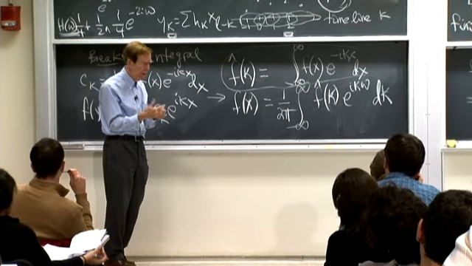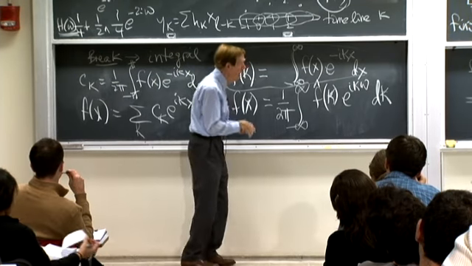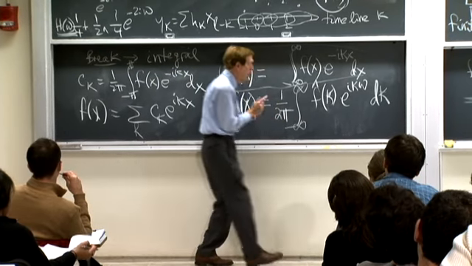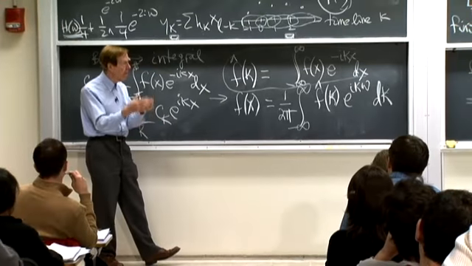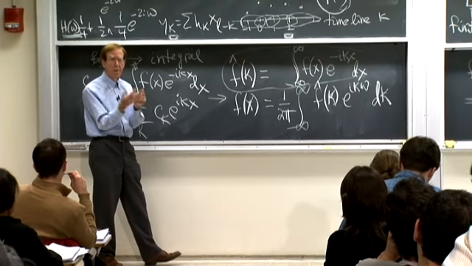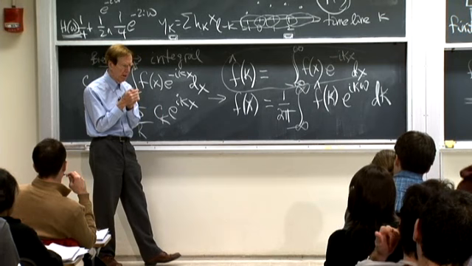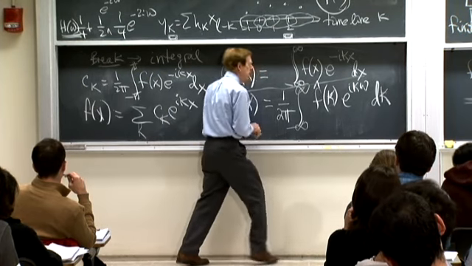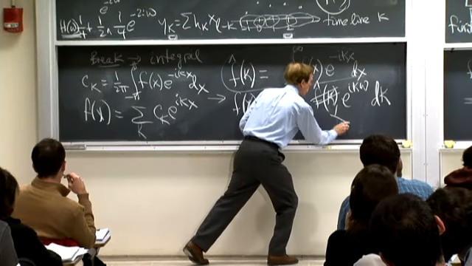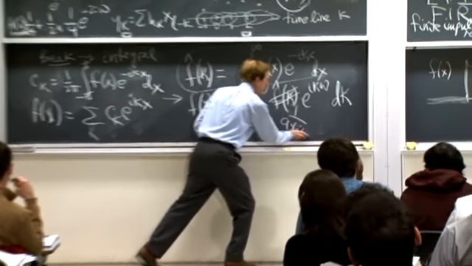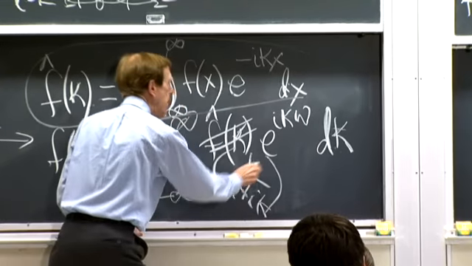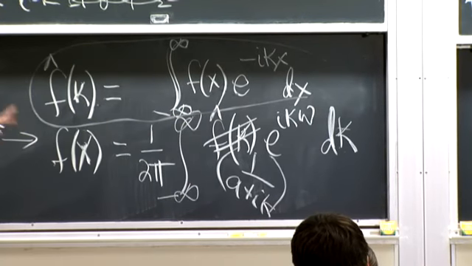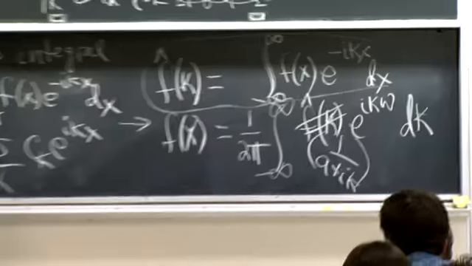Anybody who studies complex variables and residues, I don't know if you've heard these words, there are ways to integrate. I could put 1 over a plus ik in here and do this integral from minus infinity to infinity by stuff that's in chapter 5.